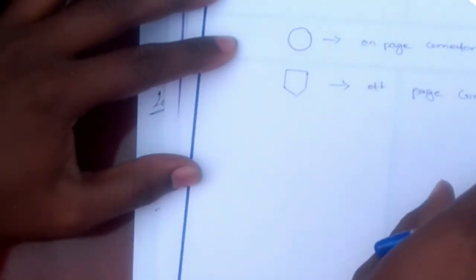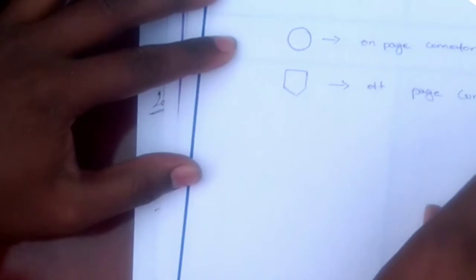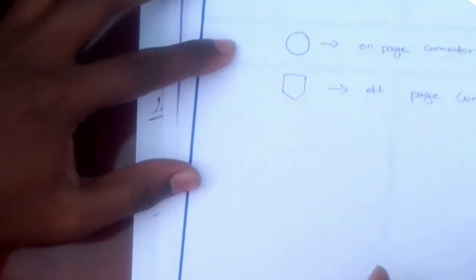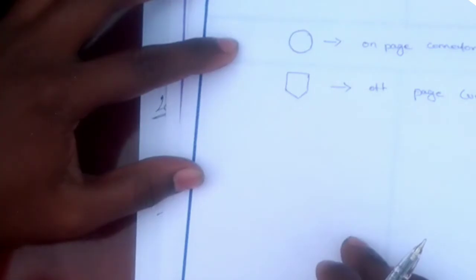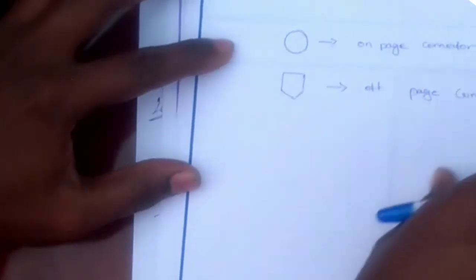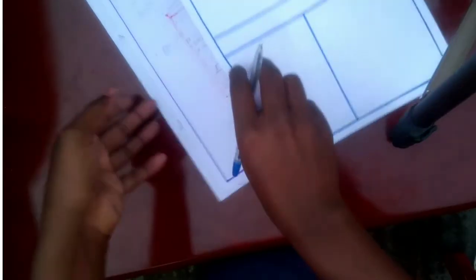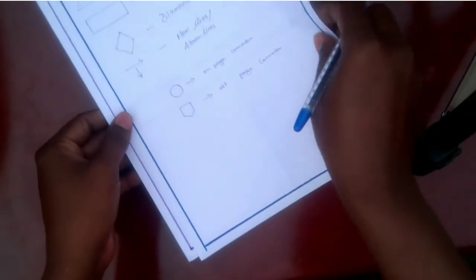For example, if you cannot complete your flowchart on a single page, you can use the off-page connector. That's all.